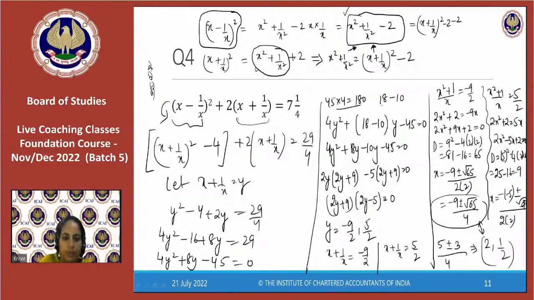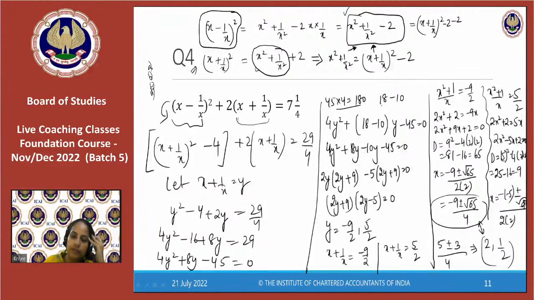So again, a square plus b square plus 2ab. So this a square plus b square is common in both of them. So what I can do is I can get the value of a square plus b square from this equation and substitute it in the first one. So x square plus 1 by x square value is x plus 1 by x whole square minus 2. This value substituted here. So this already had a minus 2.